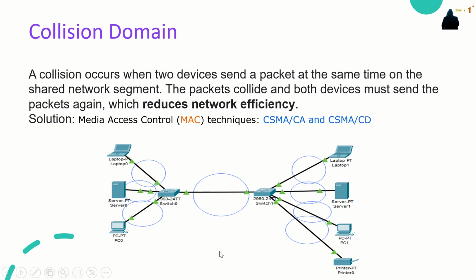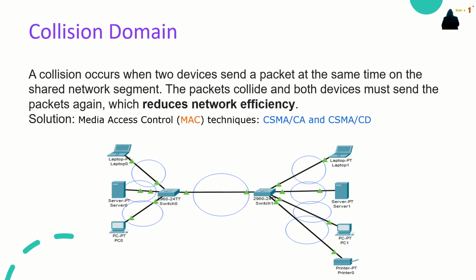Also, for each of the ports in the switch, you have one collision domain. It means, for example, in this scenario, you have 1, 2, 3, 4, 5, 6, 7, 8 collision domains. Collision occurs in a network when two or more network devices transmit data at the same time.